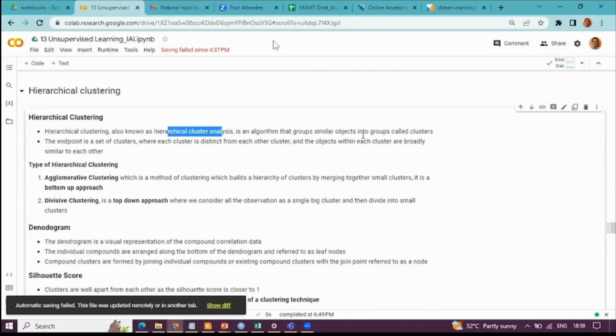So here, rather than us specifying how many clusters are required, it actually creates a kind of a tree. We'll talk about it.